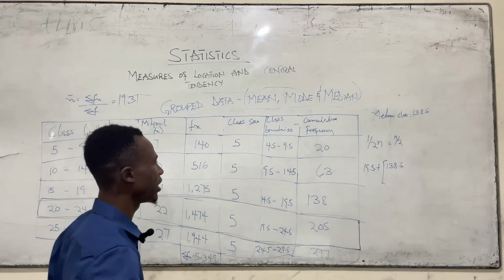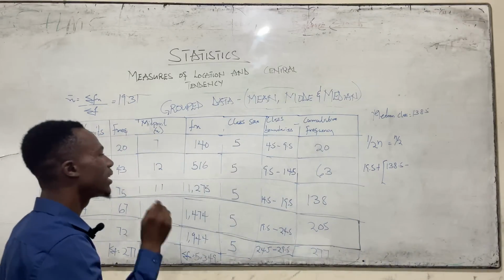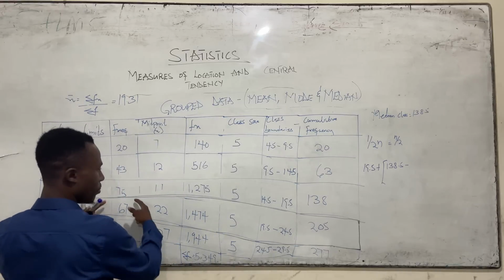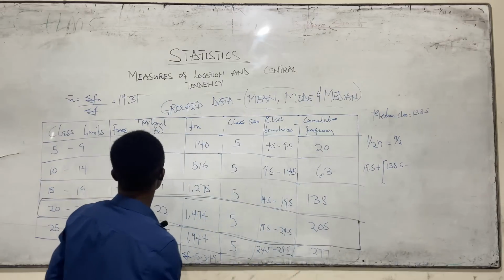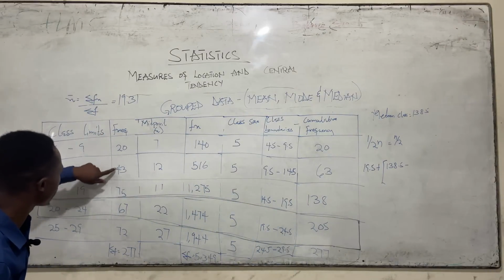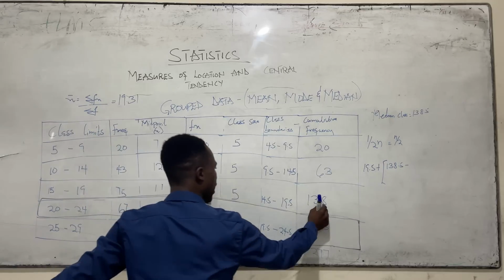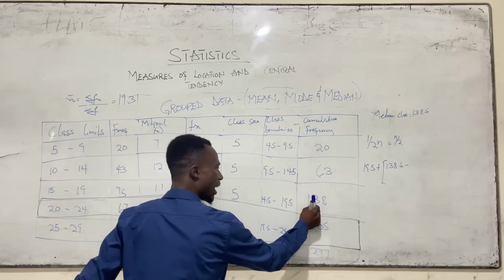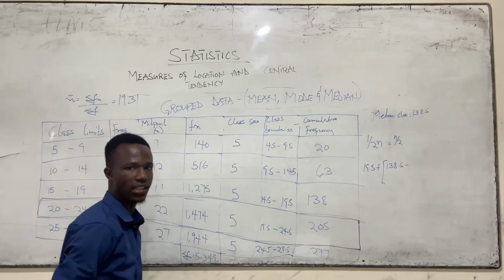You are not going to change the number. You use the same number minus the cumulative frequency preceding this class, right? So this is the median class. You don't cumulate the cumulative frequency again.